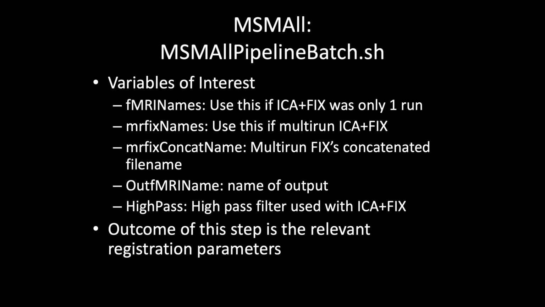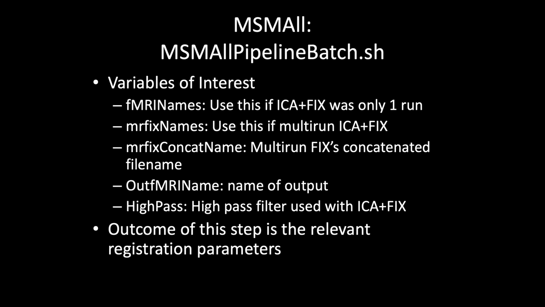If you've run ICA FIX just on a single run, or let's say you have 5 runs but you run each one individually, you're going to need to run MSM-All individually on each of these runs. If you've done concatenated, then you can just give it all of those images at once, and it will take that into account when it does the registration.